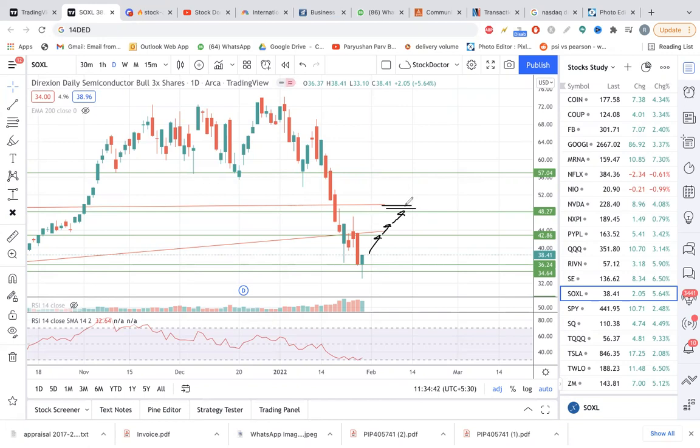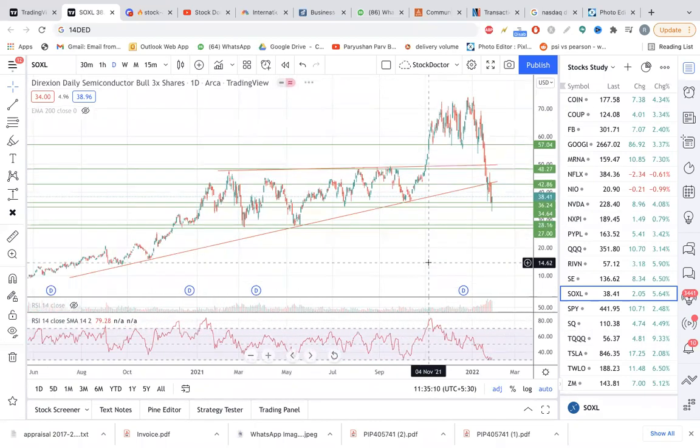And once it starts going above 48, then there is a high probability that it can go back toward $57 also. Okay, so this is based on where the index is going ahead from here. So there is a good risk reward ratio at this point of time also. $34 is the level to watch. If it starts trading below that, then one can exit from this position.